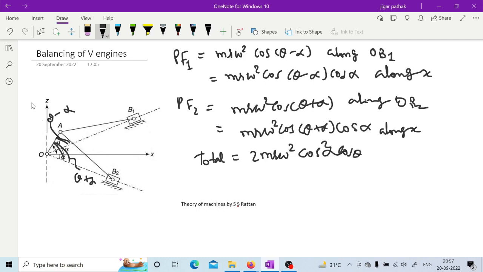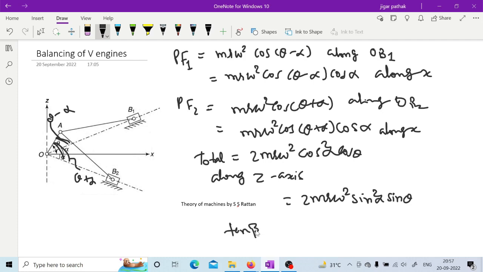Similarly, if you take along z-axis, you will find that component will be 2 mr omega square sin square alpha sin theta. From these two components you can calculate the resultant, and you can also calculate tan beta, like sin square alpha sin theta upon cos square alpha cos theta. Right, so all we have considered is primary force.